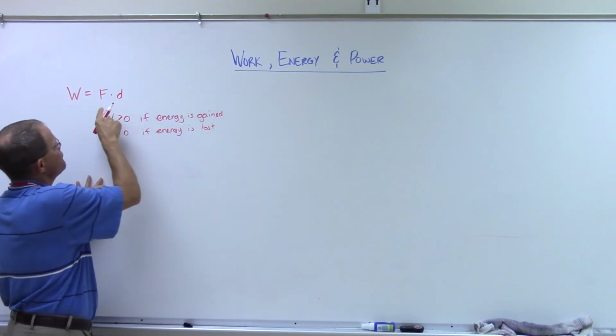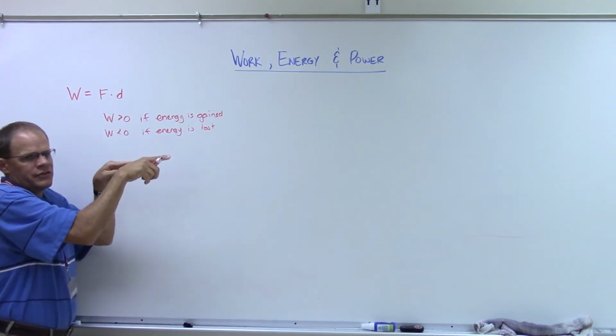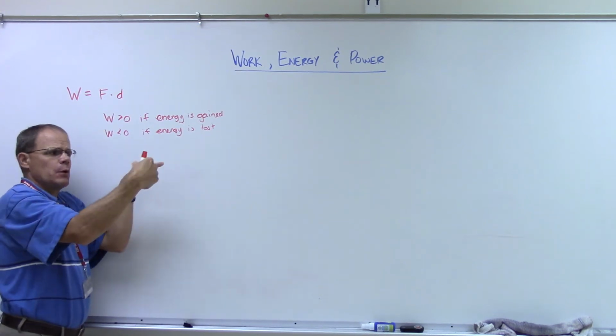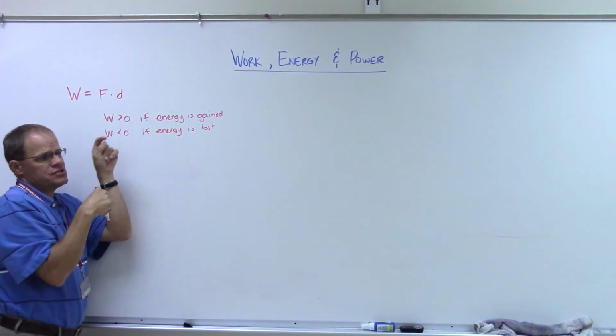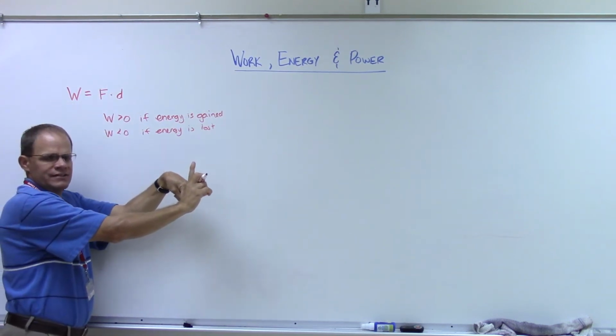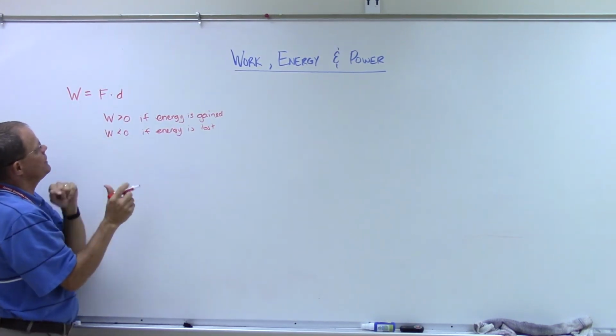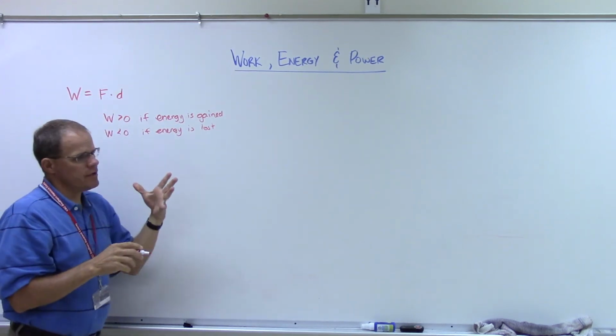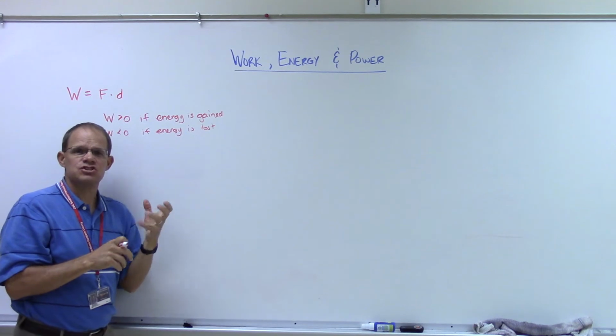And in general, if the force and the displacement are going in the same direction, you will add energy to your system. If they're going in opposite directions, for example, if something is falling, the air resistance force is up, it's moving down, then the work will be negative. So that's how you calculate the work. And remember, the easiest way to think of it is it's the energy transferred.